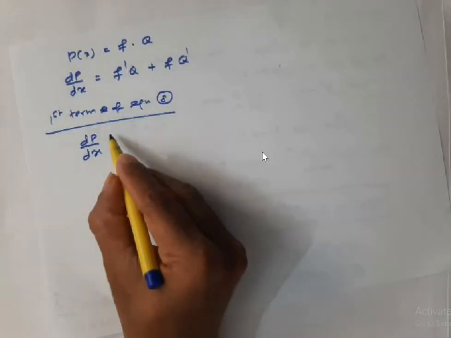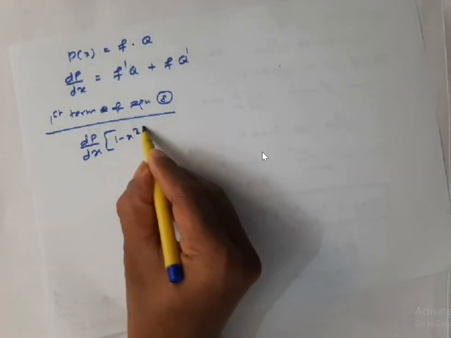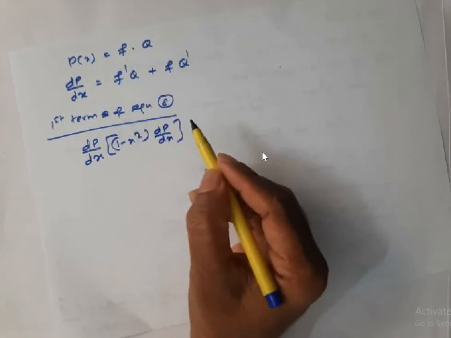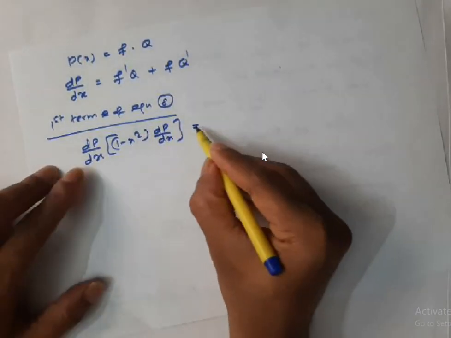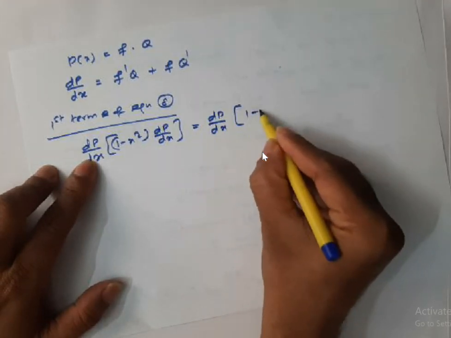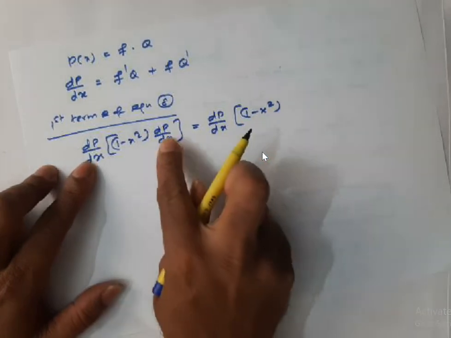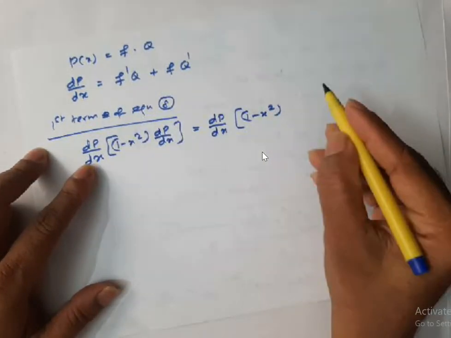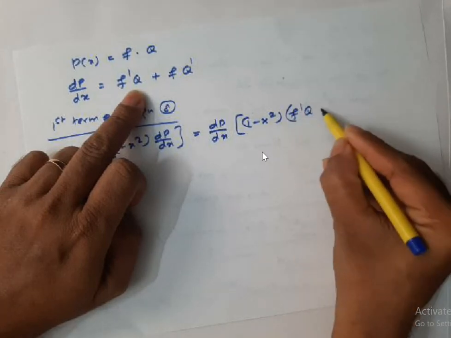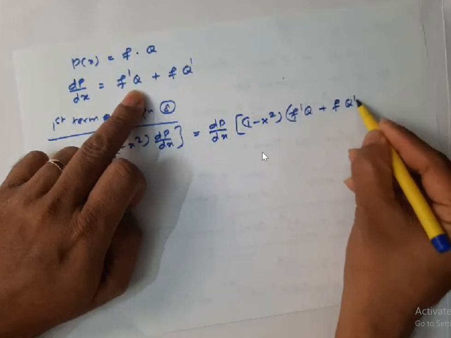Now I'll keep this dp by dx as such, and keep this 1 minus x square as such. What is dp by dx? We have differentiated here, which is nothing but f dash q plus f q dash.